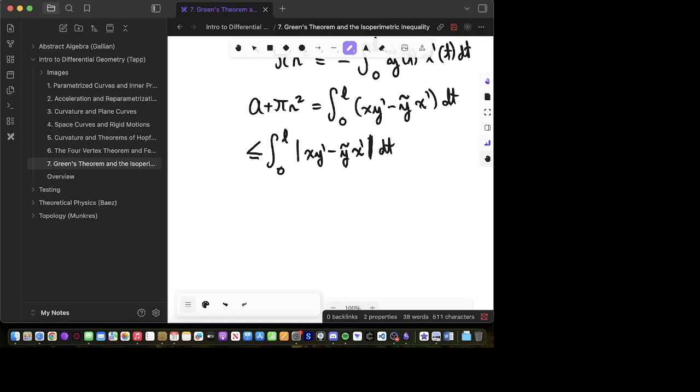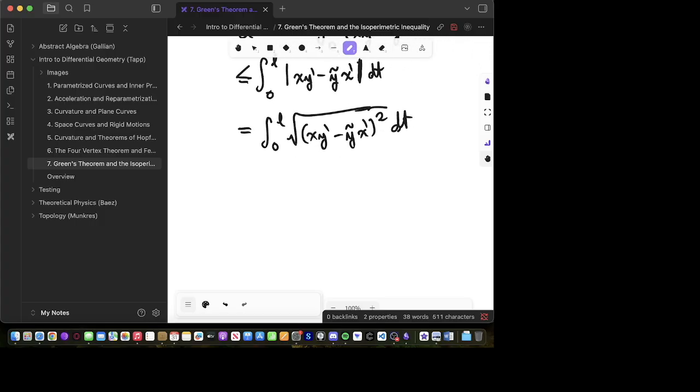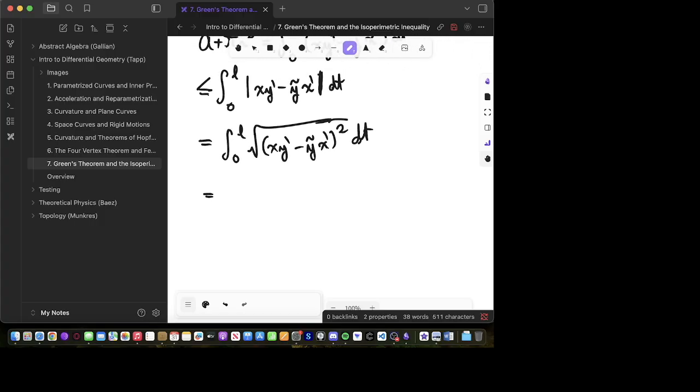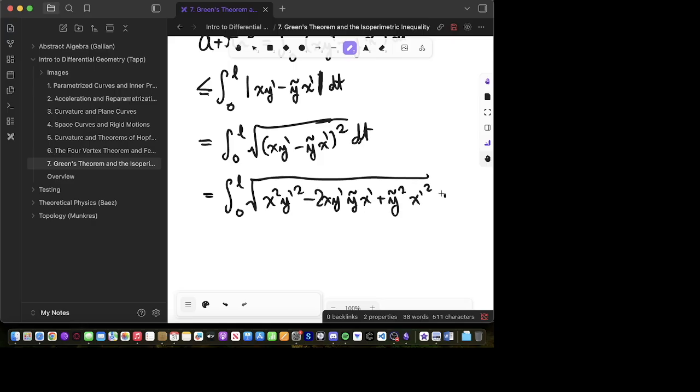Which is essentially the square root of this squared. So if we expand the expression in the square root, then we get x squared y prime squared minus 2x y prime y tilde x prime plus y tilde squared x prime squared dt.